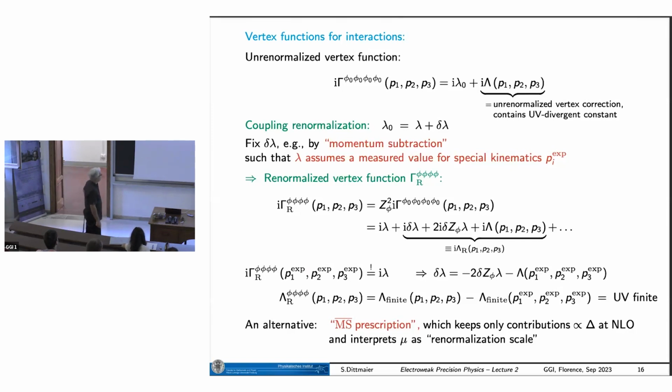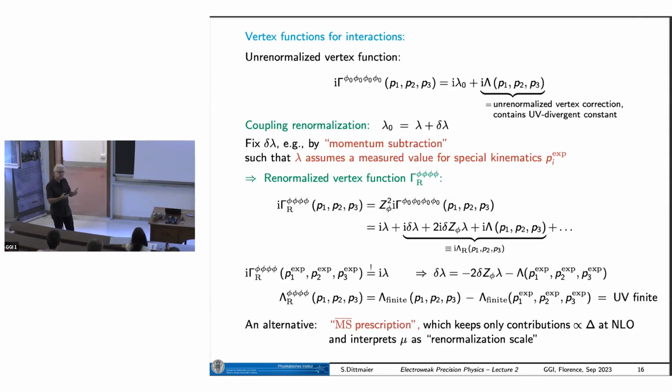And there are various ways to define actually the meaning of this lambda here. That's really something you should do with care. You can, for example, choose something that is technically very convenient, or what is maybe closer to experiment.